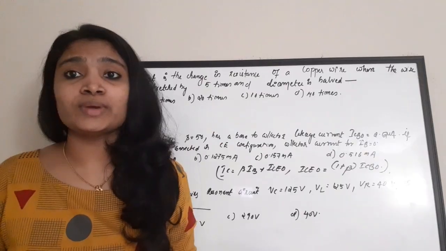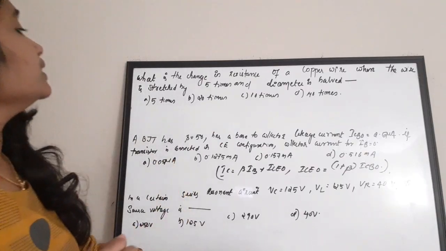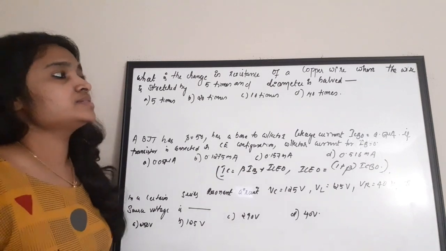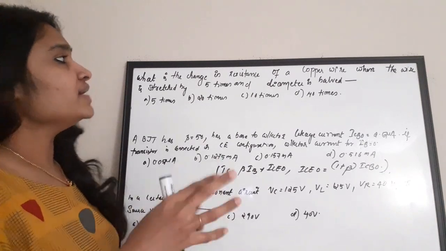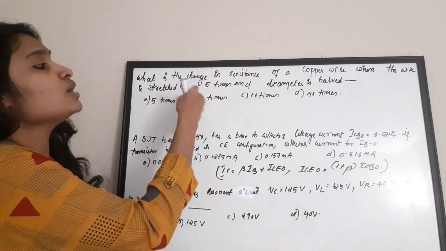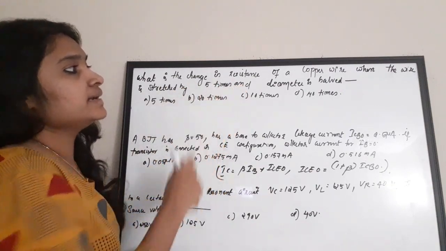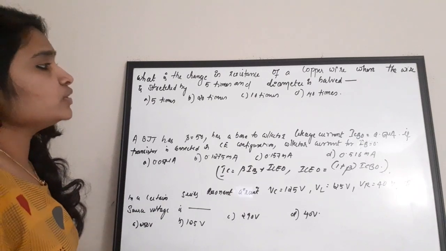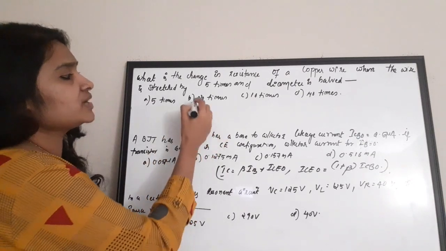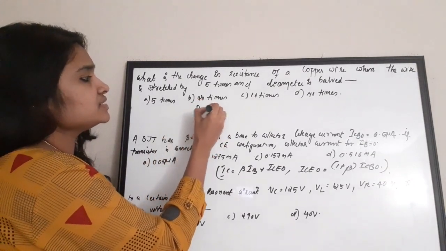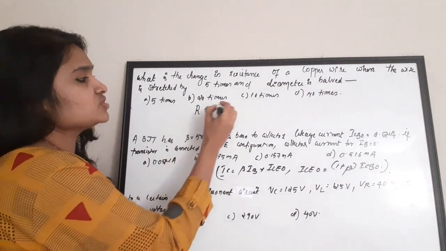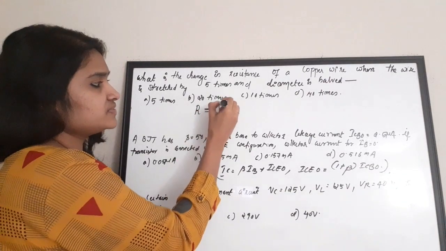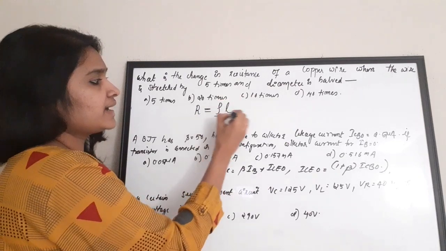Okay. Next question is this. What is the change in resistance of a copper wire when the wire is stretched by 5 times and the diameter is half? So here we are going to apply the equation for resistance. The resistance of a conductor depends on its resistivity, length and area.